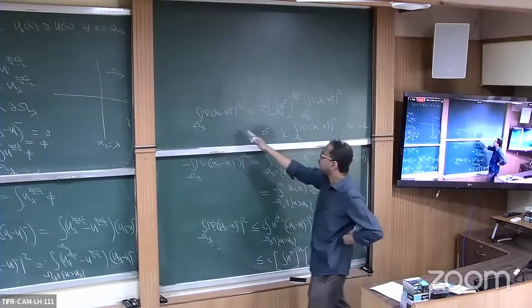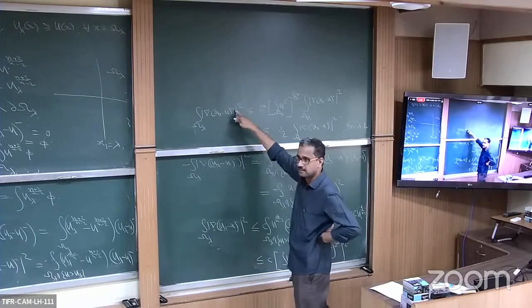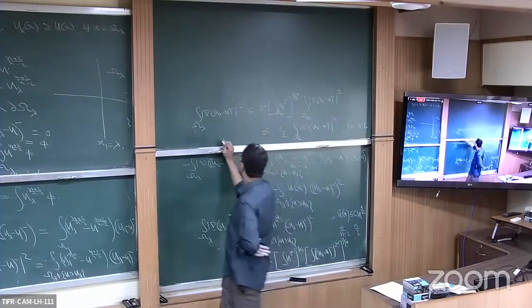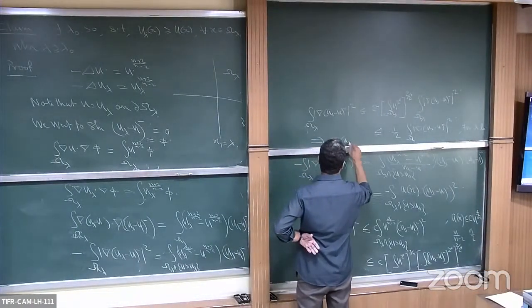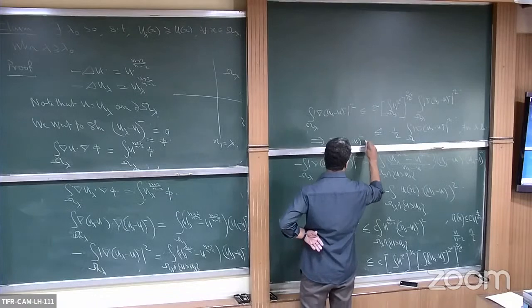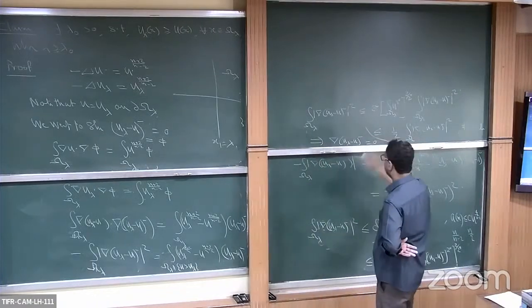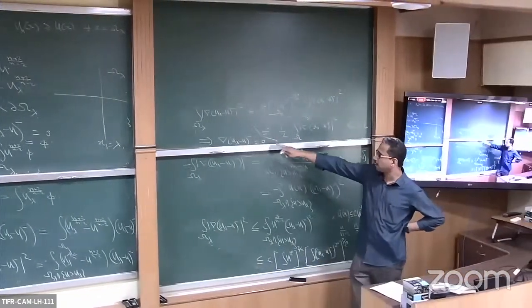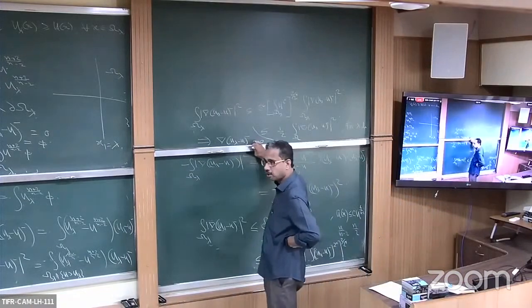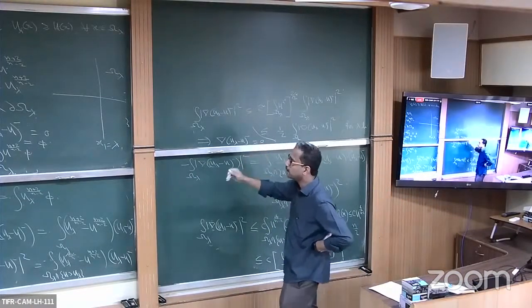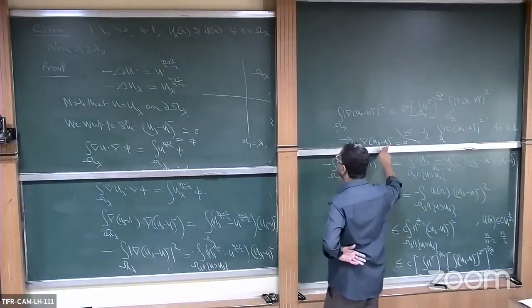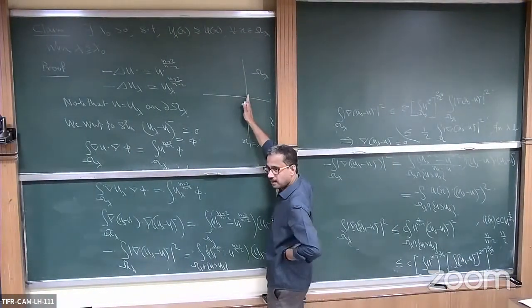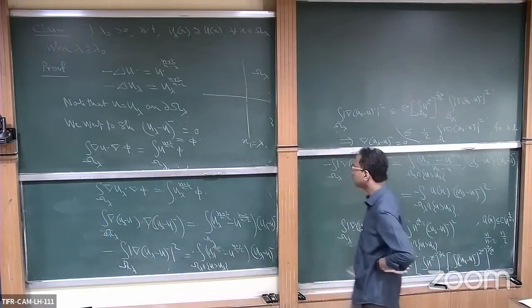This implies that the gradient of u lambda minus u minus is going to be 0. So that basically shows that this is going to be a constant. But you know that u lambda is equal to u on this plane. So therefore u lambda minus u is basically a constant, and it is going to be 0 here, so it has to be equal to 0.